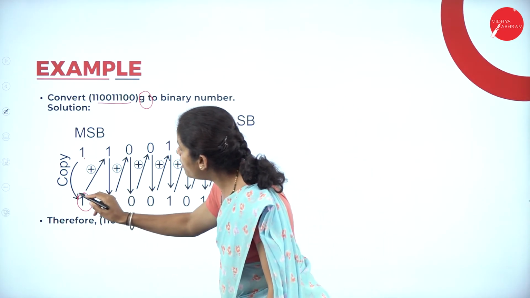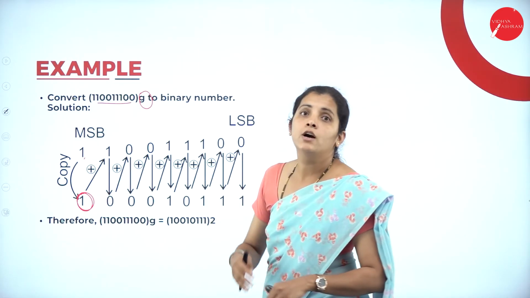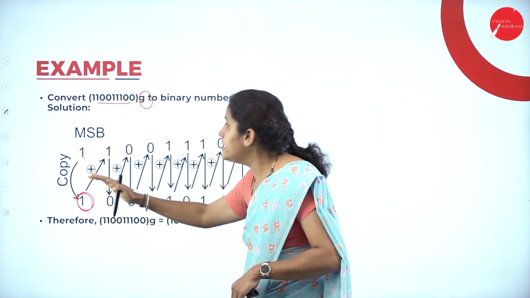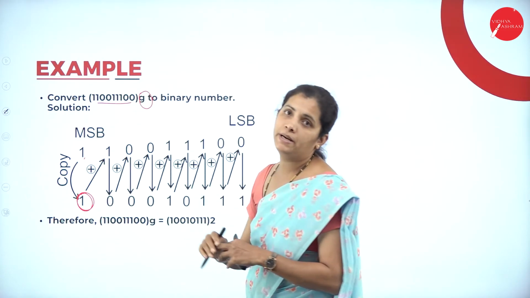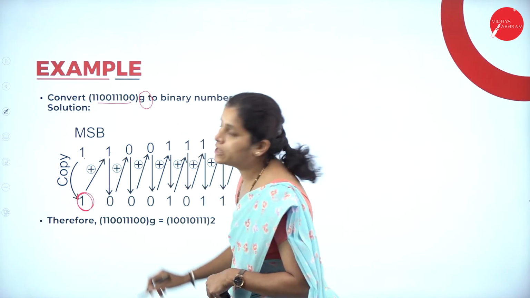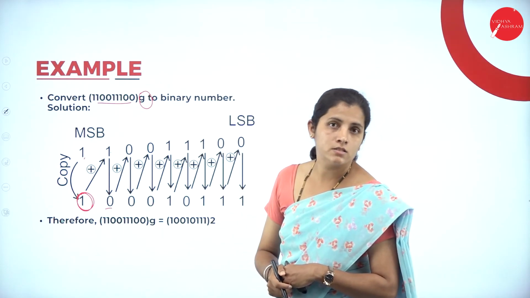Now I'm going to perform the XOR operation of the copied MSB bit of binary with the next bit of gray code. That is 1 XOR 1. What is the answer I'm going to get? I'm going to get 0.